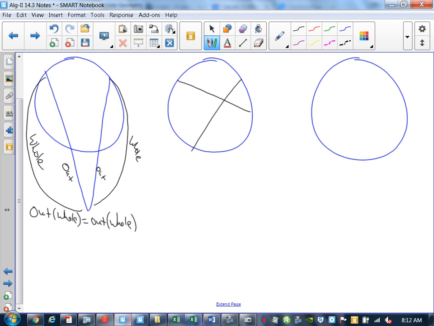How do we write that one out? Chunk times chunk is kind of the easiest way to write that out.